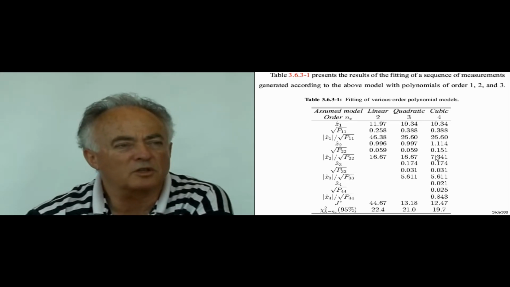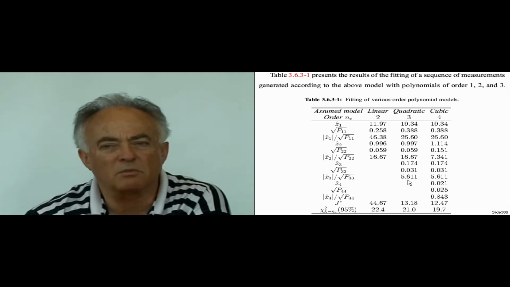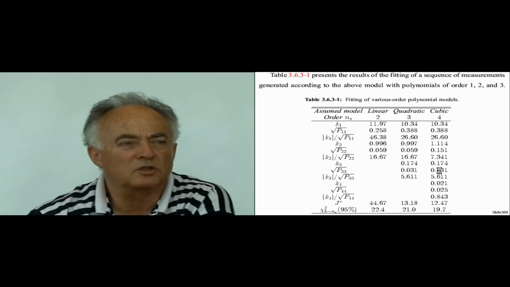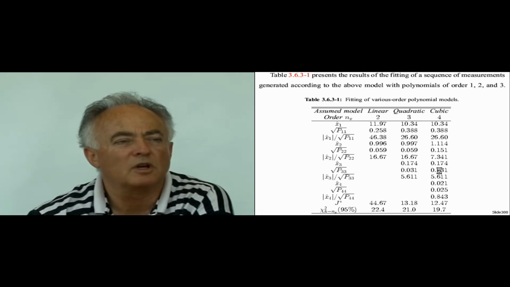So x1 is the same, x2 is substantially worse, x3 turns out to be the same. In this case, they alternate as to which gets worse. Only every other parameter suffers from the overfitting. Next time it would be the x1. If I would go to quartic, that's 5 parameters, the x1 and the x3 would suffer.